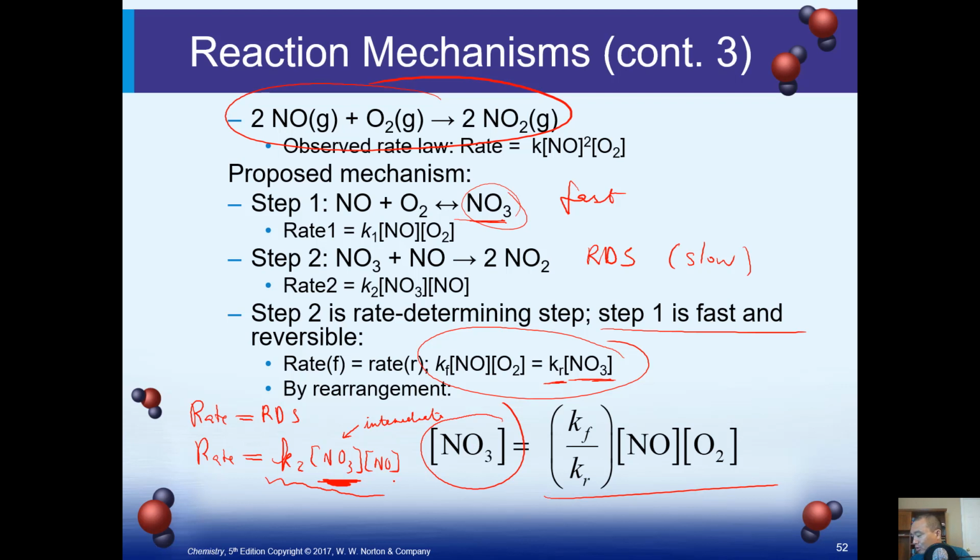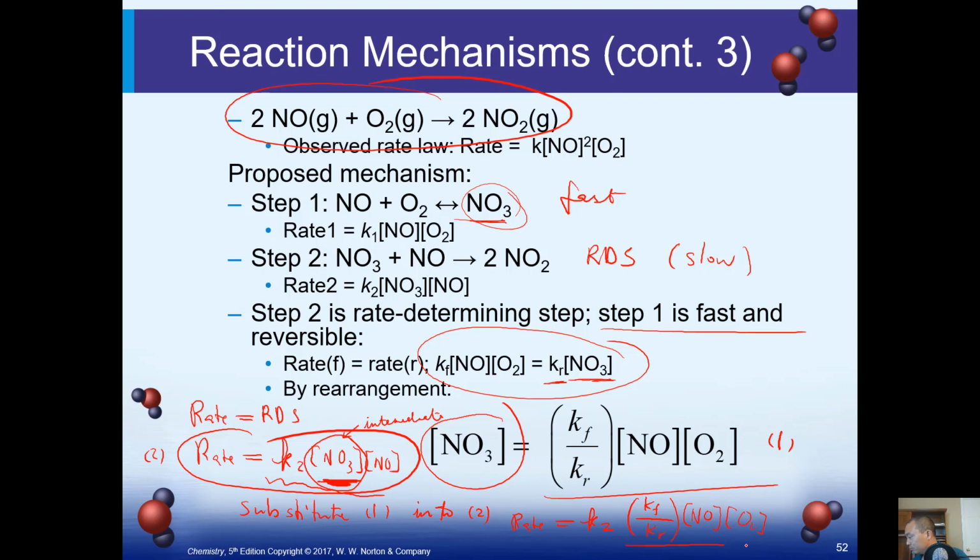Let's call this equation 1 and call this equation 2. So we're going to substitute equation 1 into equation 2. So rate will be k2. Now we substitute NO3 into equation 2. It will be Kf over Kr times NO times O2.